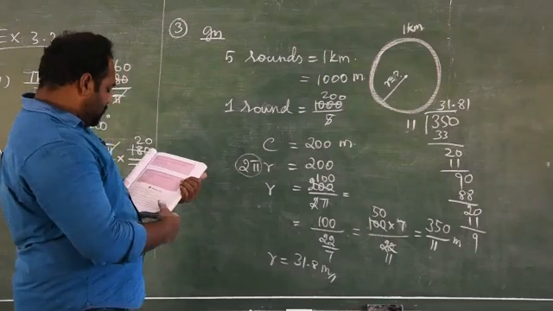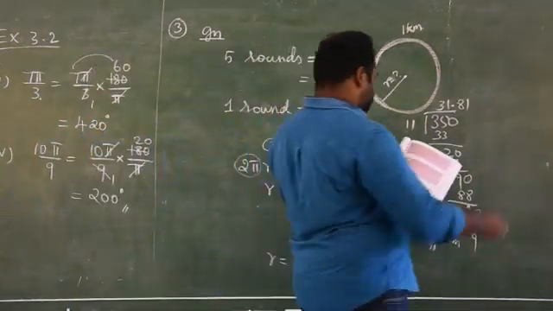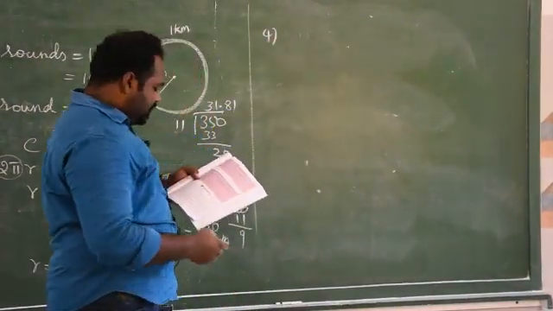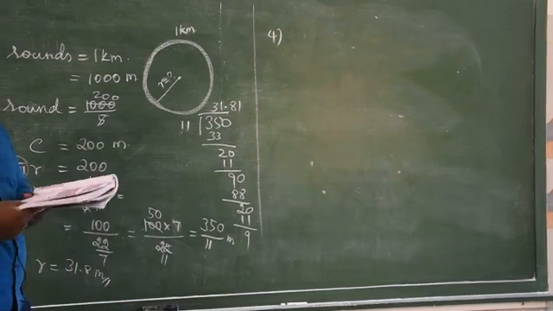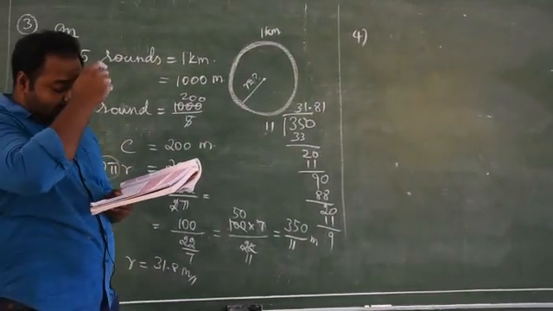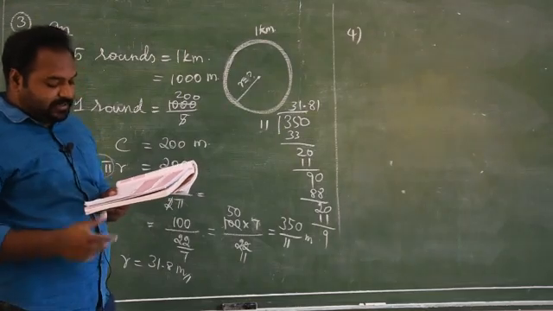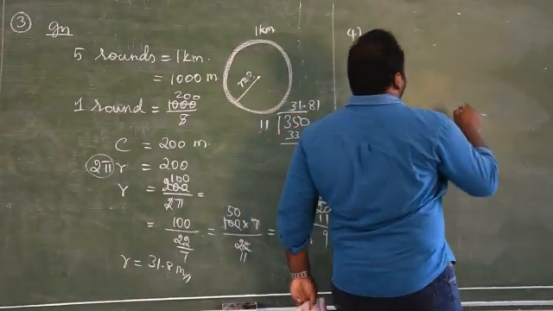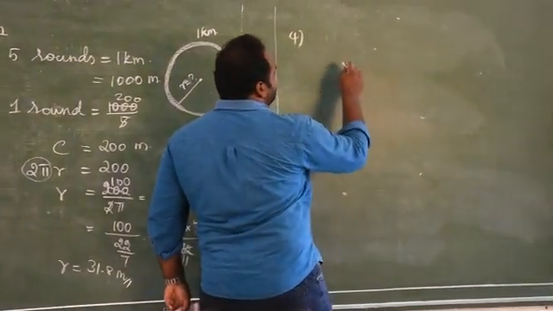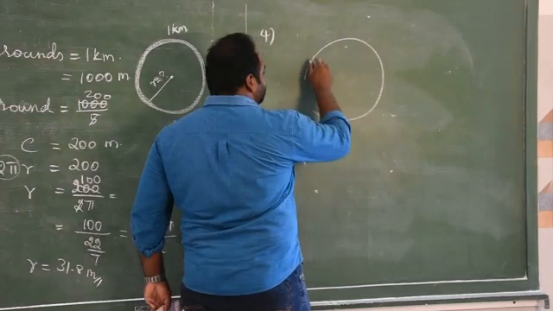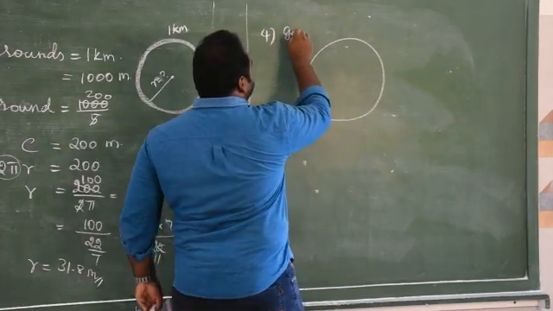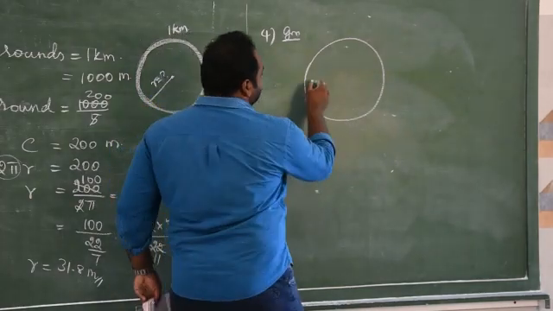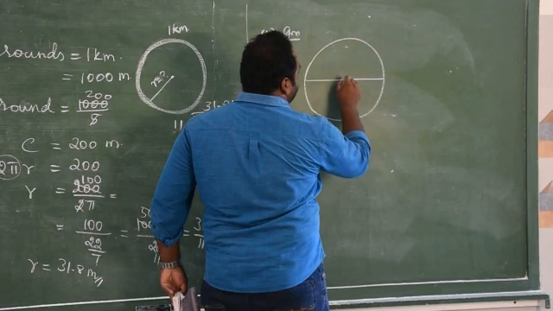So next, question number 4. In a circle of diameter 40 centimeter, a chord is of length 20 centimeter. Find the length of the minor arc of the chord. See here, I am going to construct a circle to understand this question. So actually the given information is 40 centimeter diameter.